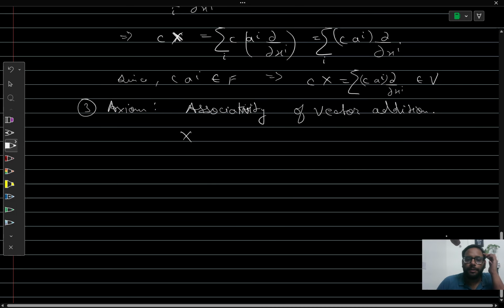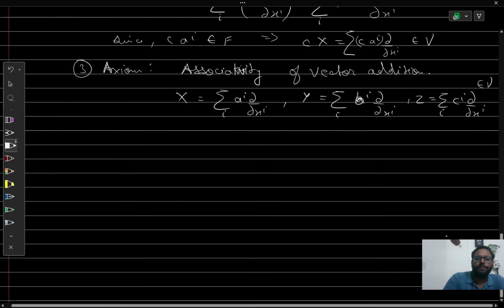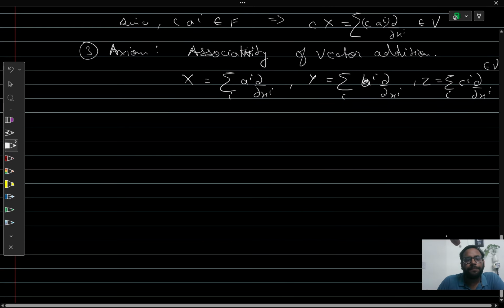You can do this. So again, you take 2 vectors like summation over this. And another vector, let's take its scalar as bi, and a third vector, let's take this as ci dxi, and they all belong to the vector space. Okay, so let's do this.